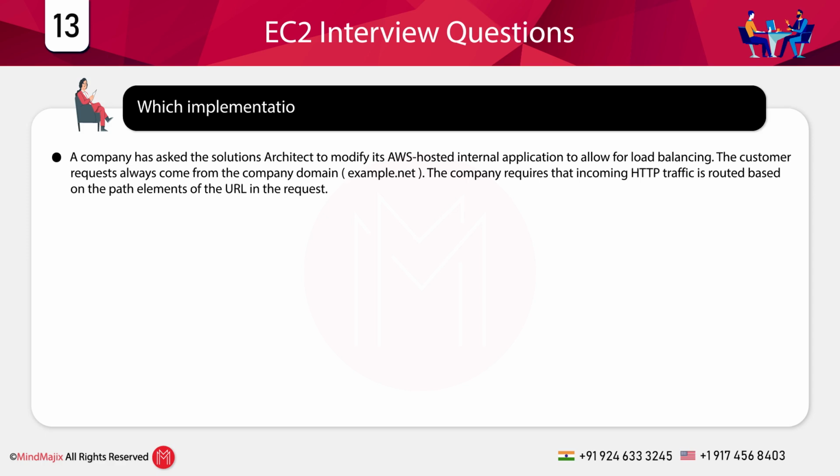Which implementation can satisfy all requirements? So what is the requirement? Let me read it again. The incoming inbound traffic is routed based on the path element. What is a path element? abc.com/aboutus. So this will be the path. It will go to the about us section.